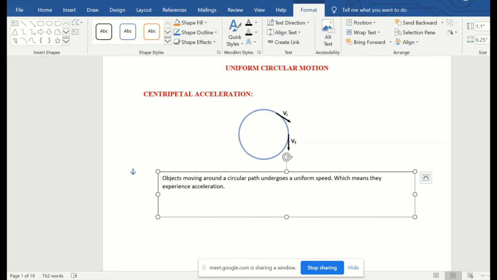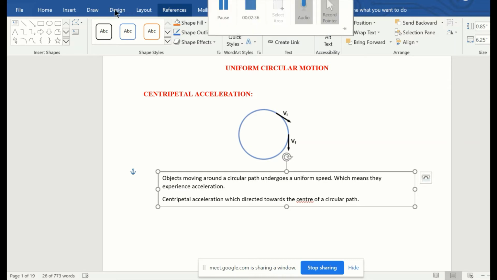And I'm saying that is called the centripetal acceleration, which is directed towards the center of a circular path. So that is centripetal acceleration.